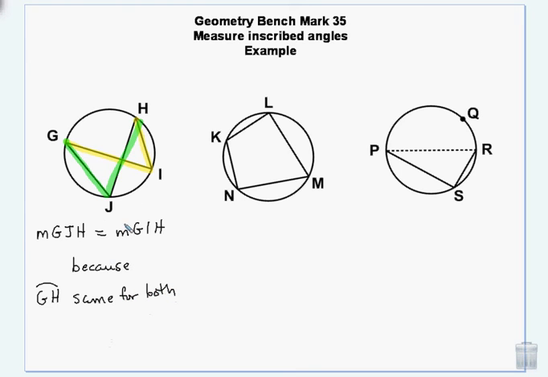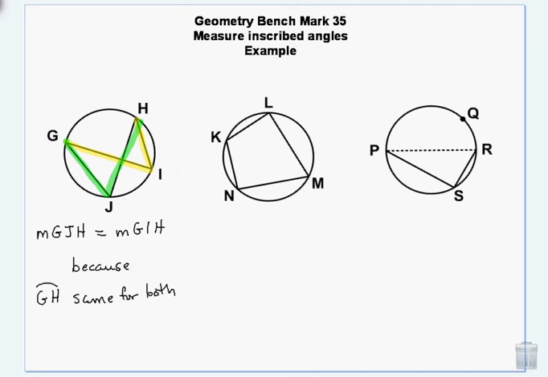Okay, and each of them is going to be 1/2 of the arc GH. Okay, so when you look at something like this, find the angles and recognize that this is not in the center of the circle.